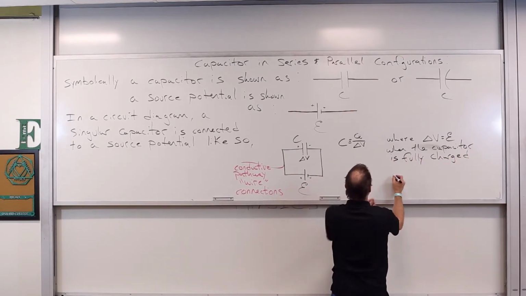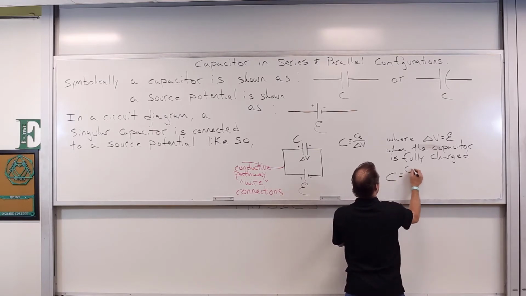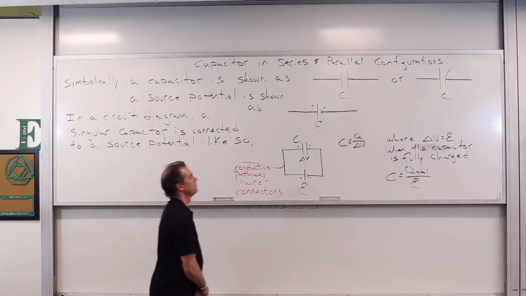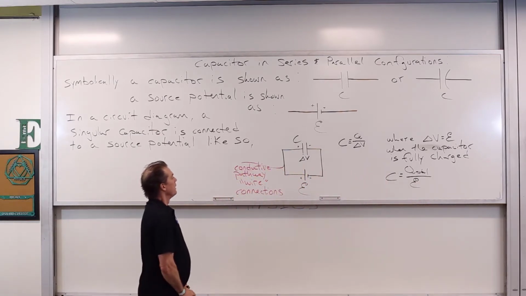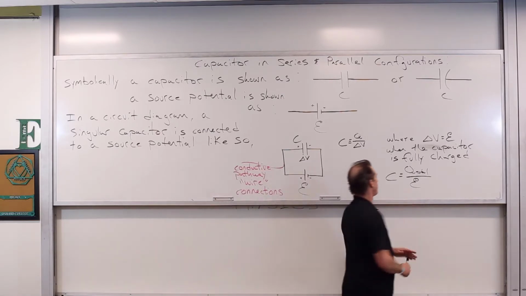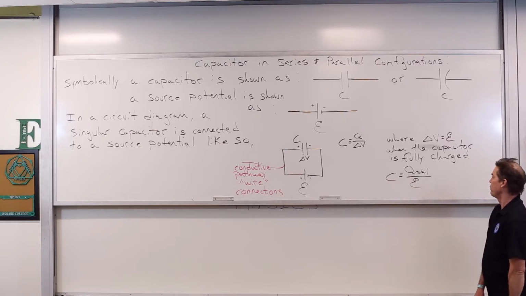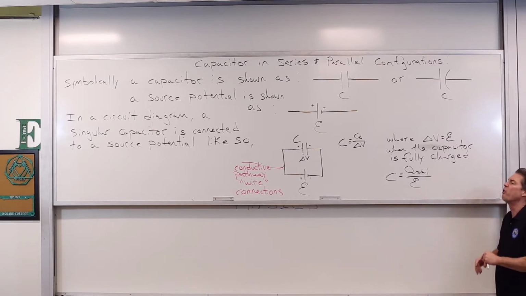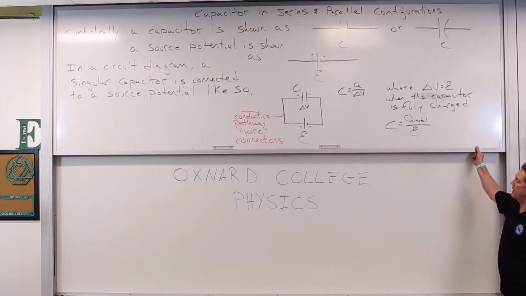So that is to say that C is going to be Q total divided by script E when fully charged. All right. So that's what we've got going on with the singular capacitor. Again, if we know the source potential, we know the capacitance of the capacitor that we're utilizing, we can go ahead and figure out what is the total charge that has separated, or total charge stored, we often say.